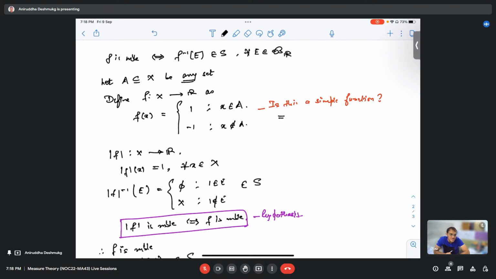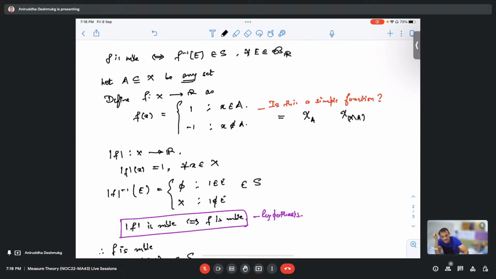How do I write it in terms of the characteristic function? Which two sets are involved? A and A complement, right? The only two possibilities are either a point is inside A or the point is inside A complement, correct? So the two characteristic functions that are involved are chi A and chi A complement.